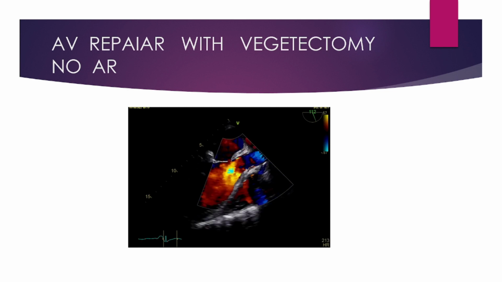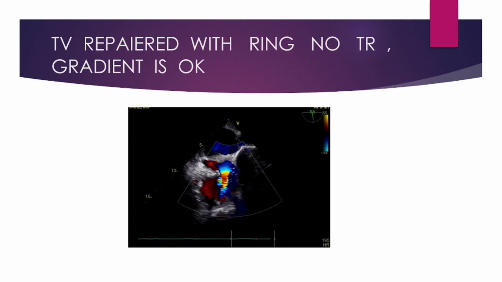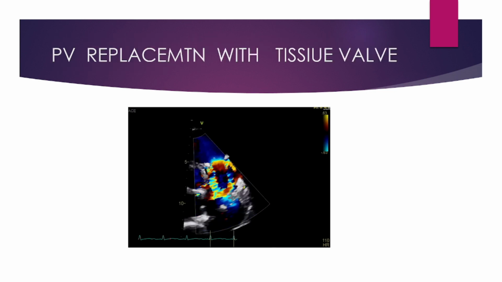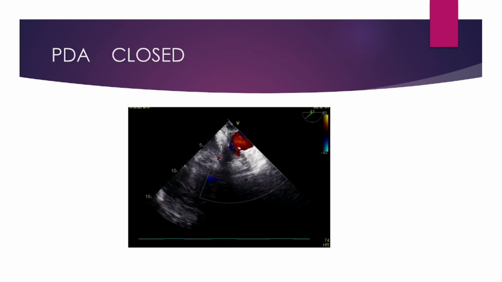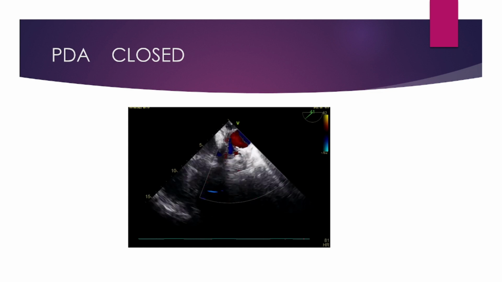There is no residual AR even after the repair of the aortic valve. And the tricuspid as well was repaired with a ring and leaflet reconstruction. And the pulmonary valve was replaced successfully with a tissue valve. The PDA was ligated. It was a combined surgery, adult and pediatric cardiac surgery were involved.